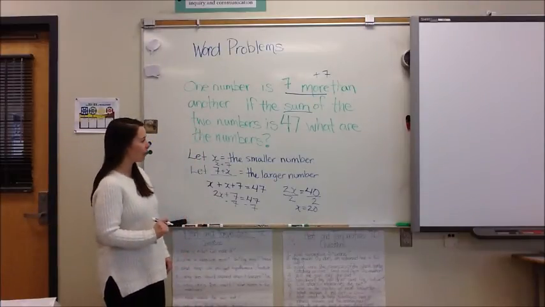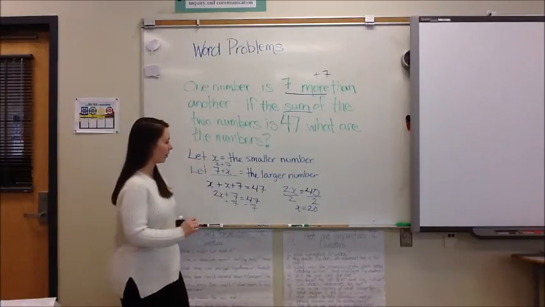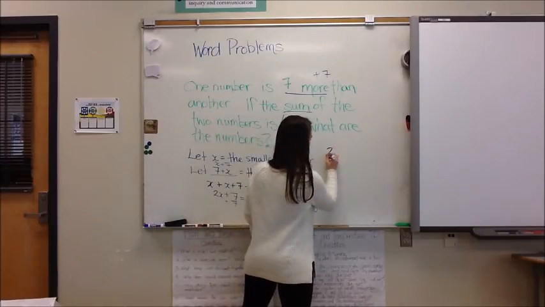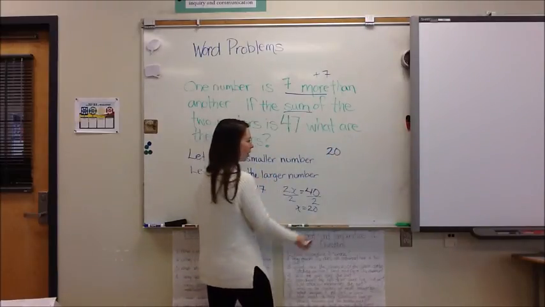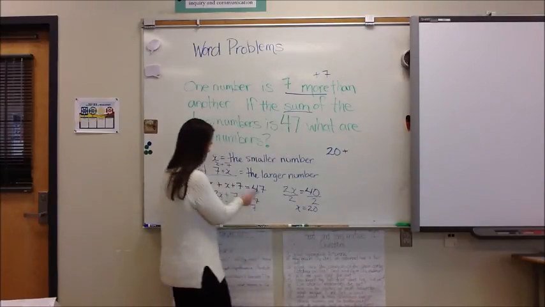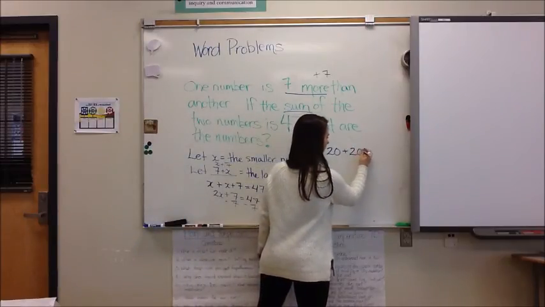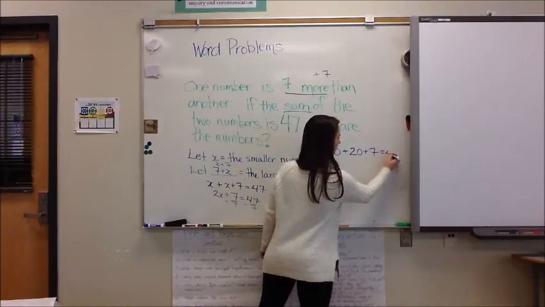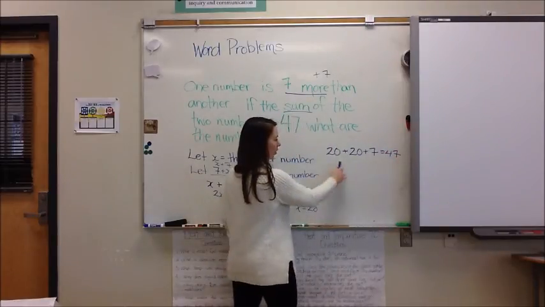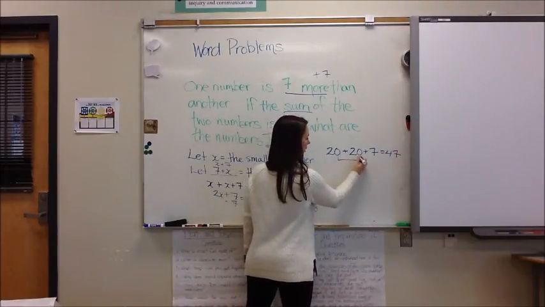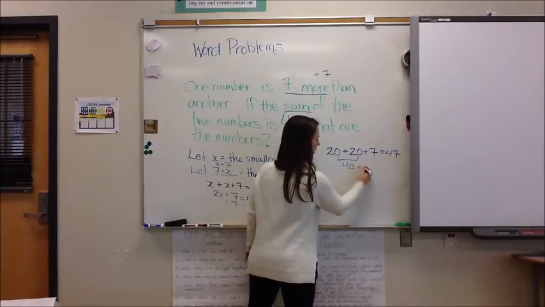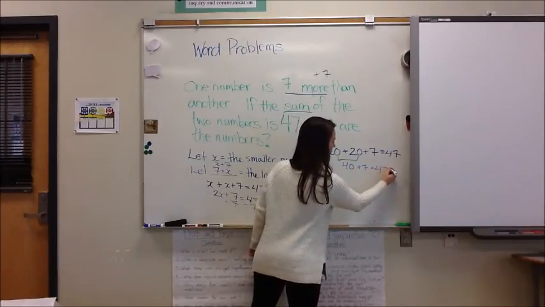I always like to check my work, so I'm going to fill it in. So 20 is my smaller number, plus x plus 7. So x plus 7 should give me 47. Let's check it out. 20 plus 20 gives me 40, plus 7 equals 47.